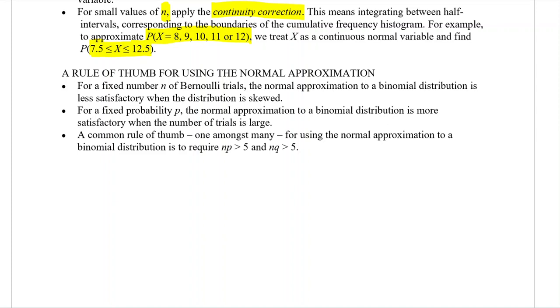And a common rule of thumb, one amongst many, for using the normal approximation to a binomial distribution, is that np, which is the mu, the mean, is required to be greater than 5. nq being the same, if we're using a half, greater than 5. Okay? All right, let's have a look.